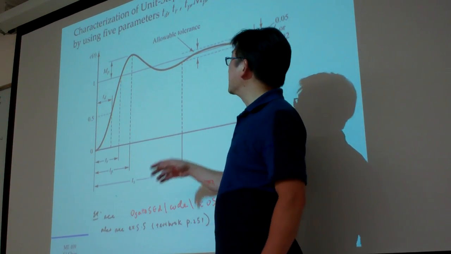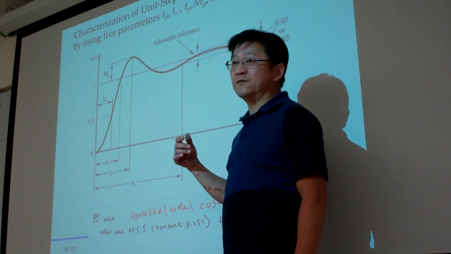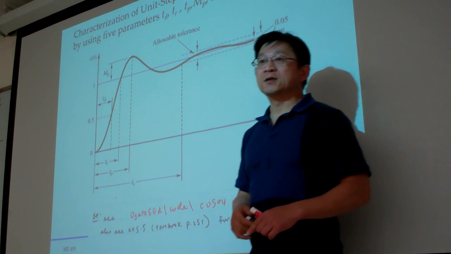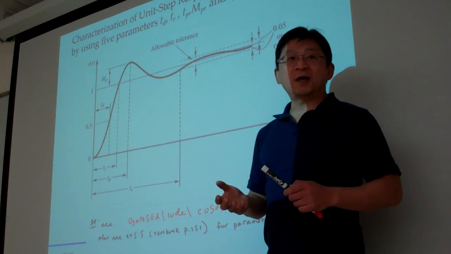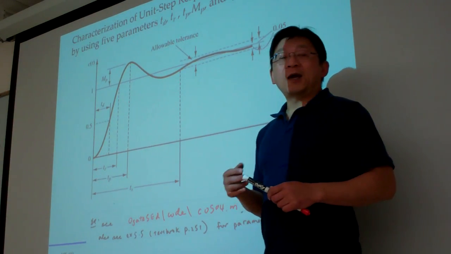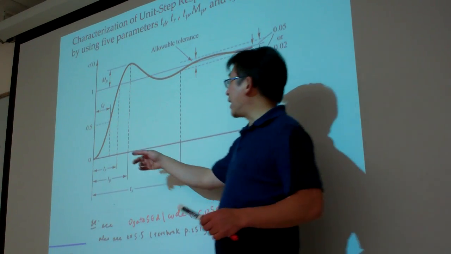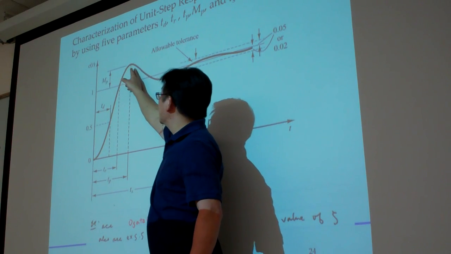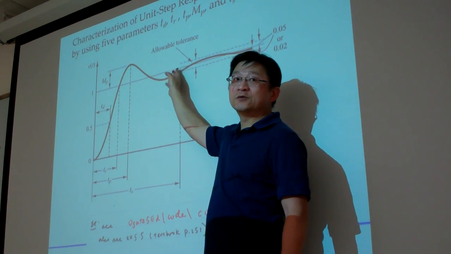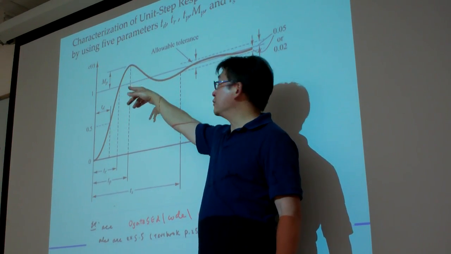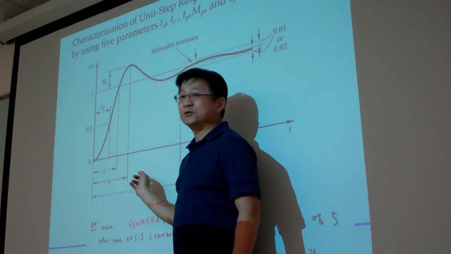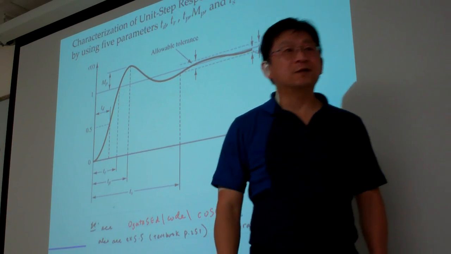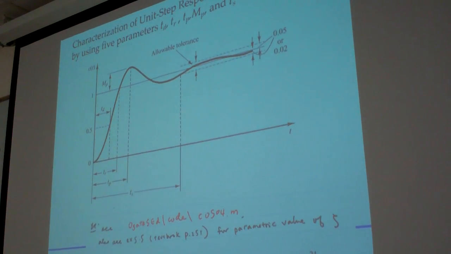In turn, you define the omega n, you define zeta, the damping ratio. On the other side, if you are given the omega n and damping ratio, then you should be able to quickly calculate the response of your system to unit step input. And once you have those curves built up, you can right away measure those parameters per those definitions here. So there are two ways to do it.